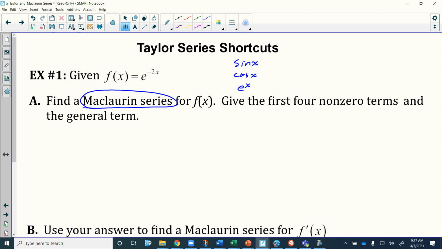We know, and let's call that g of x, that g of x is equal to e to the power of x.